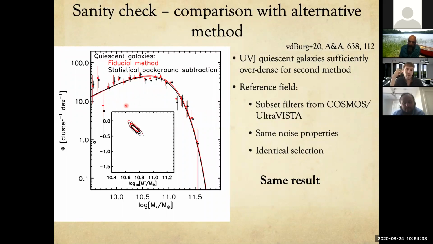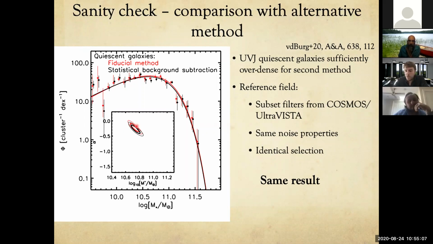This is purely based on the photometry, using a reference field from which we take a subset of filters, and we make sure that the noise properties are the same and do everything in an identical way between the cluster and the field, subtracting the expected interlopers, and you get essentially the same results here. So these are the two data points based on the two different methods. And the Schechter function fits here with their best fit parameters are compared and they're exactly the same.